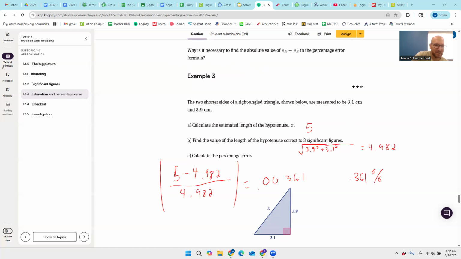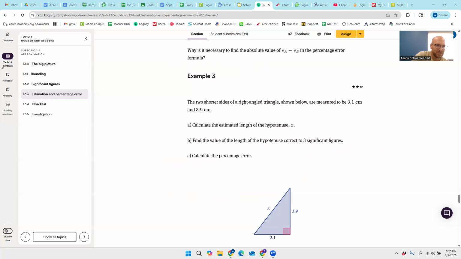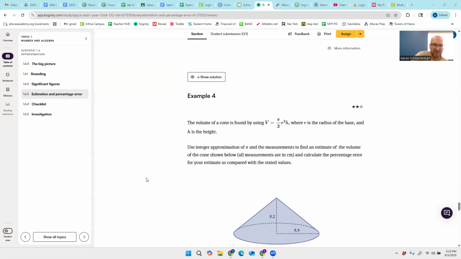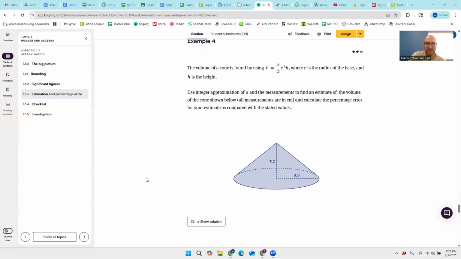Okay, one more example. The volume of a cone can be found using V equals pi over 3 r squared h, or 1/3 pi r squared h, where r is the radius of the base and h is the height. Use an integer approximation to find an estimate of the volume and then calculate the percent error for your estimate compared to the stated values.